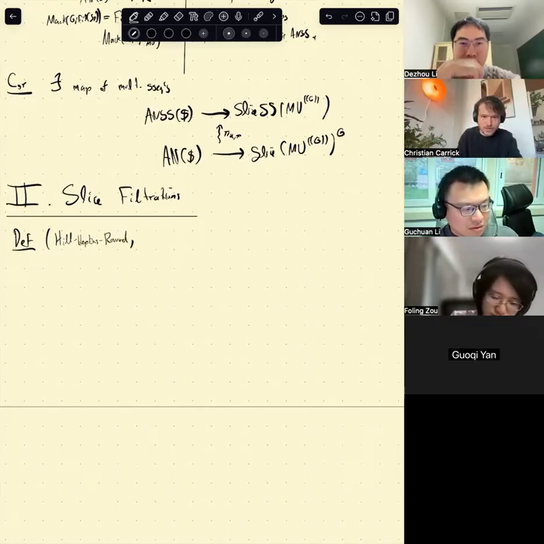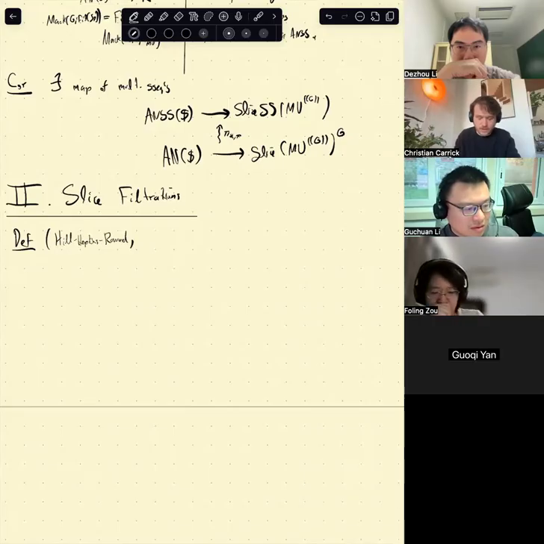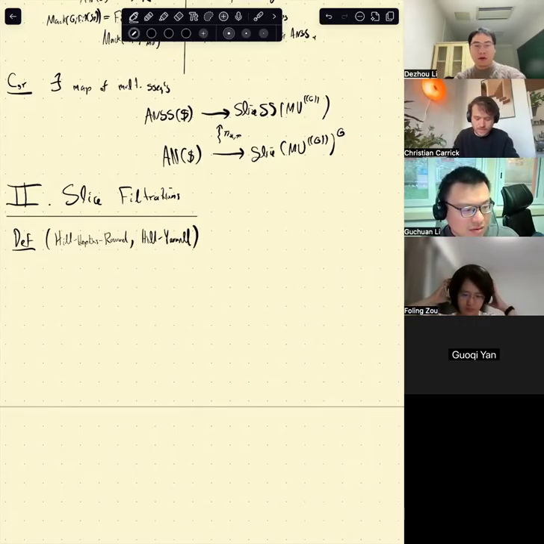But there's a nice other way of looking at this due to Hill-Yarnell. And they notice that you can define the slice filtration in the following way.